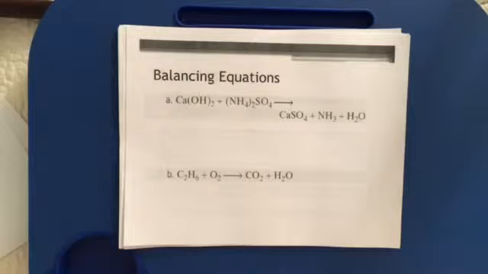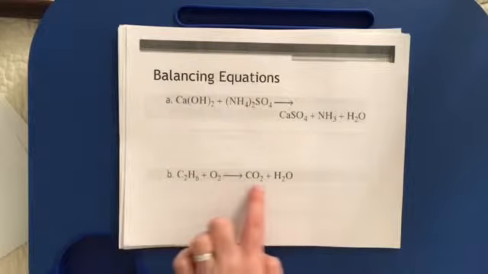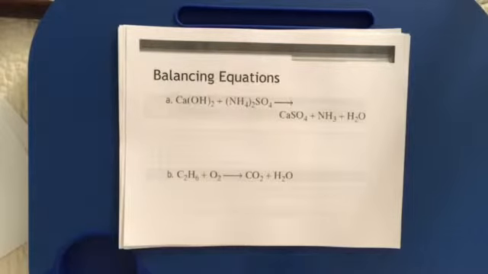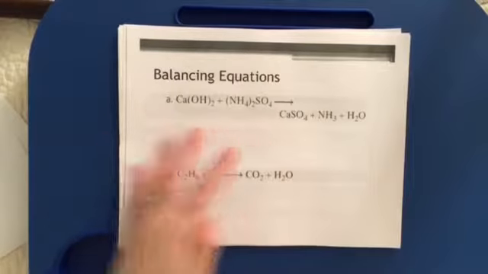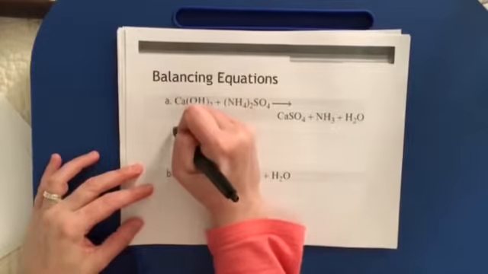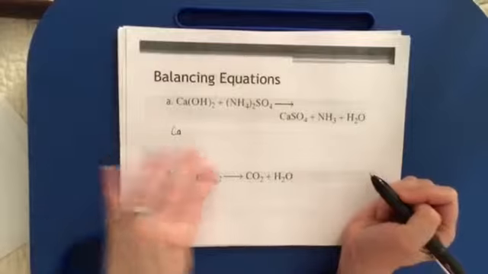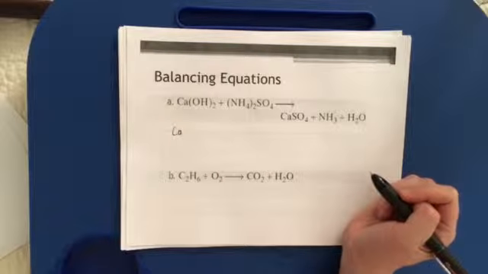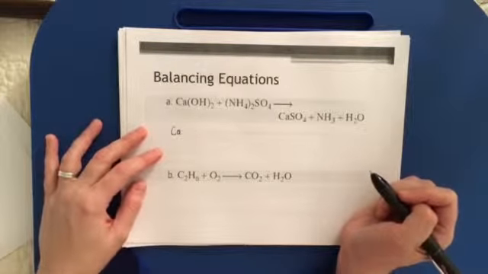So for example, there are different methods you can use for these types of problems. I will give you a method that makes it easier, but some of these, it's just some trial and error. And so you can just play with it however you want. I'm going to go ahead and write down on each side what we have and how many we have, just to kind of get a feel for it.